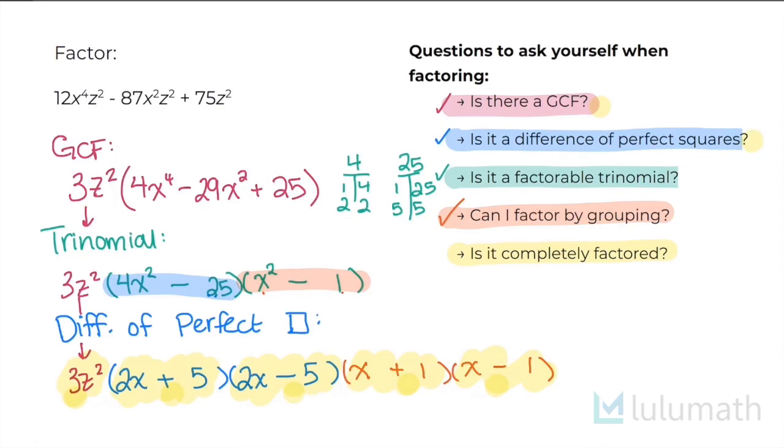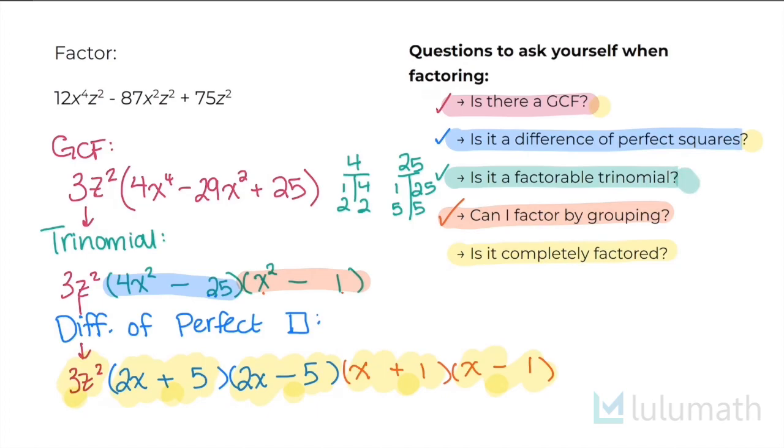The next question, is it a difference of perfect squares? Well, I'm going to look for binomials that have subtraction signs. So we have this 2x minus 5 here, but none of them are perfect squares, so that's not a difference of perfect squares. We have this x minus 1, we have a subtraction sign, but the x is not a perfect square, so we don't have a difference of perfect squares. Now I'm going to see, is it a factorable trinomial?